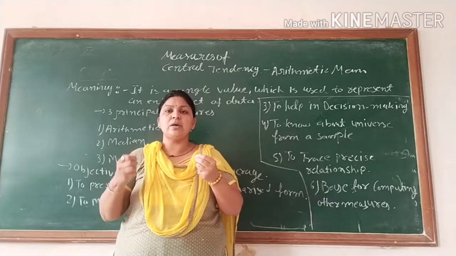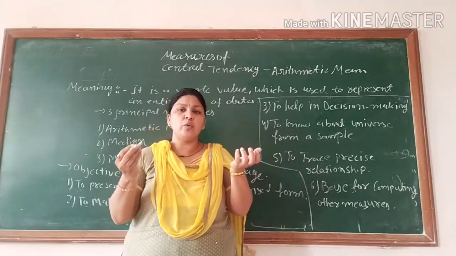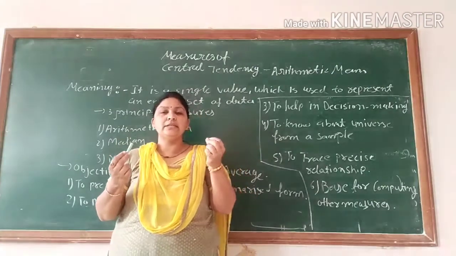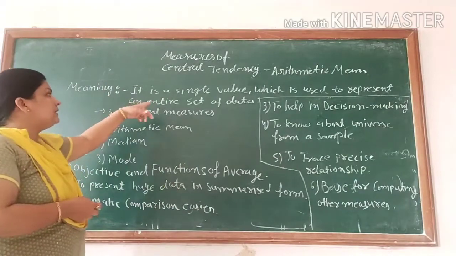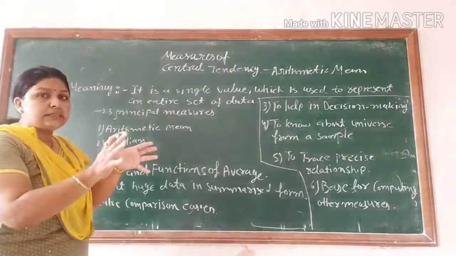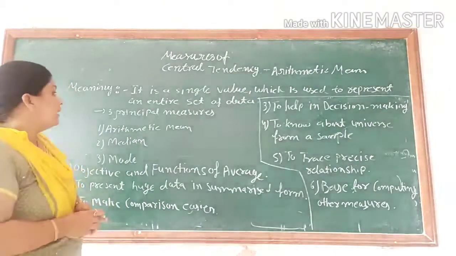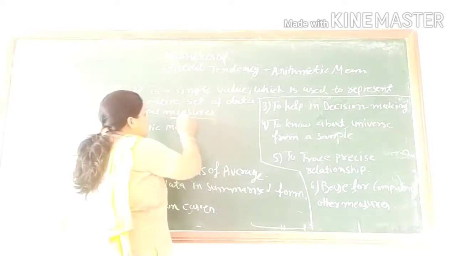It means when we are talking about the entire sum of many people, the one value we get in return is called the central tendency. Okay? So again, the meaning is that it is the single value which is used to represent the entire set of data. Three principal measures of central tendency are there.